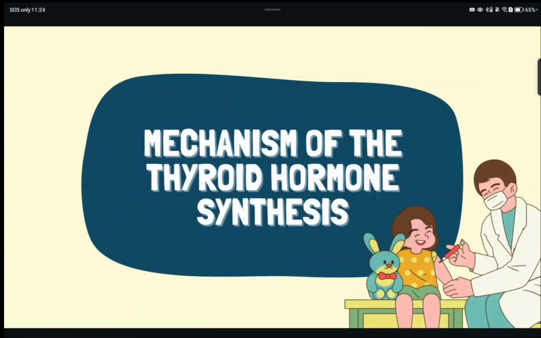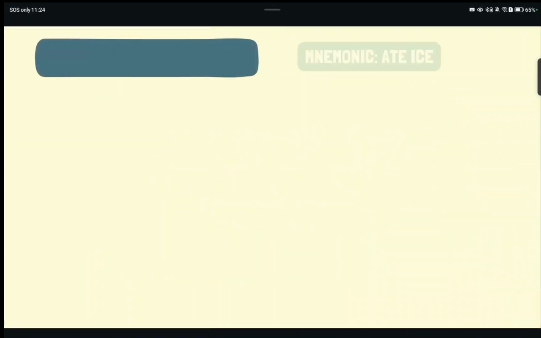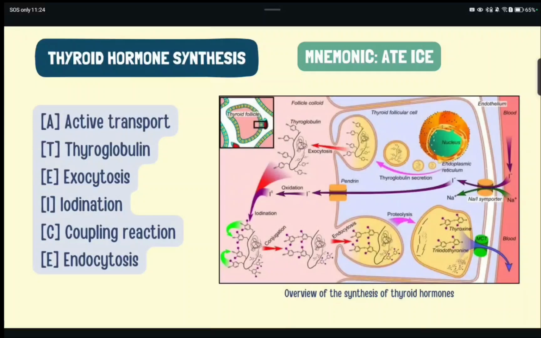Now I will be talking about the mechanism of thyroid hormone synthesis. In summary, there are 6 processes related to the synthesis of thyroid hormone. To remember it easier, we use the mnemonic ATEICE.